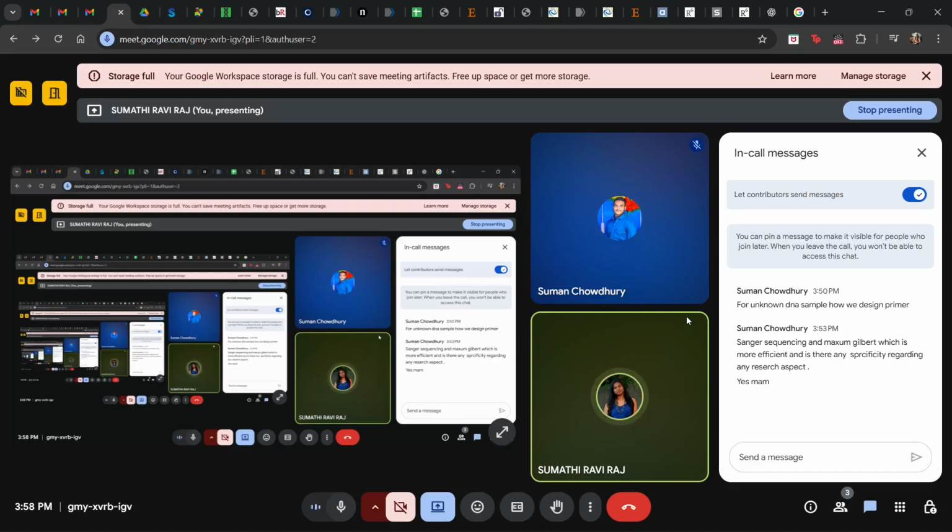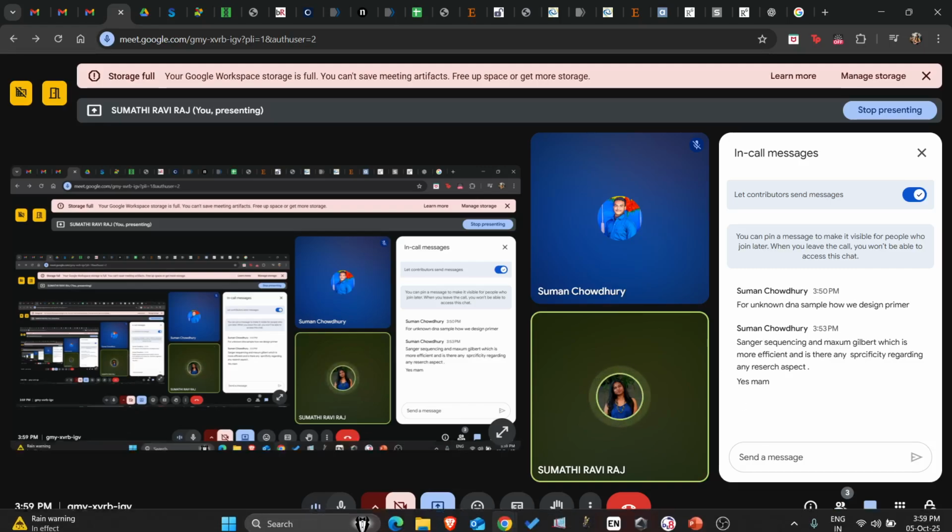Sanger's sequencing and Maxam-Gilbert sequencing, which is more efficient, and is there any specificity regarding any research aspect? They both are sequencing methods, it's just a different way to sequence. As far as I know, I don't think there is anything that is specific in terms of research aspect.